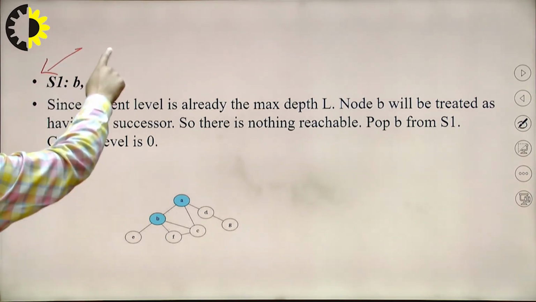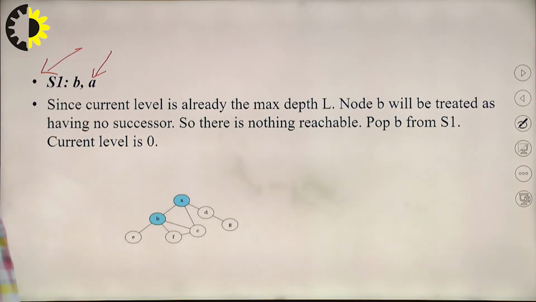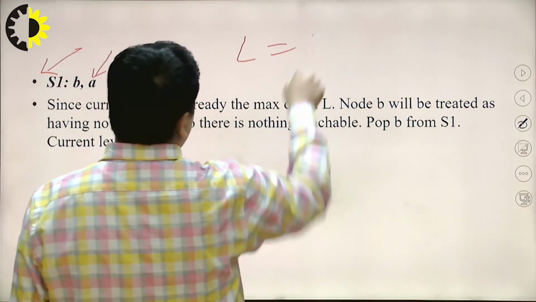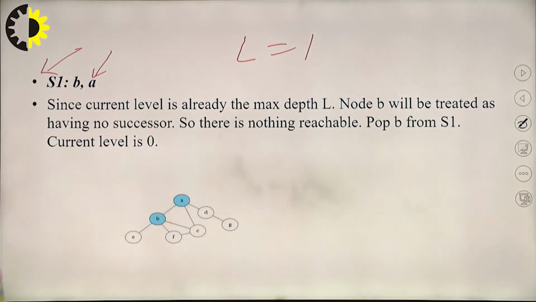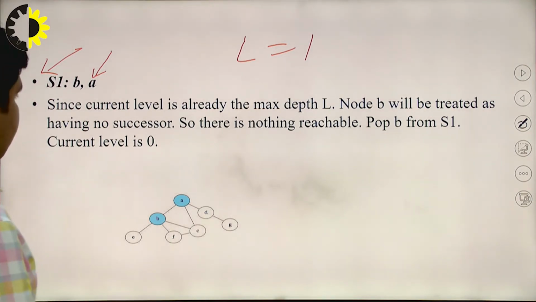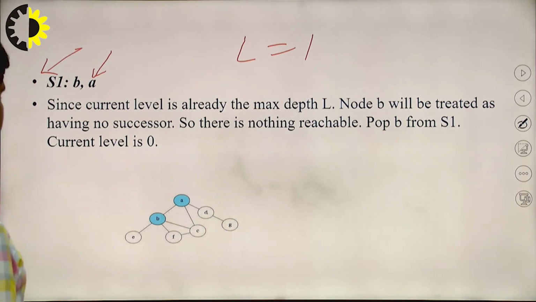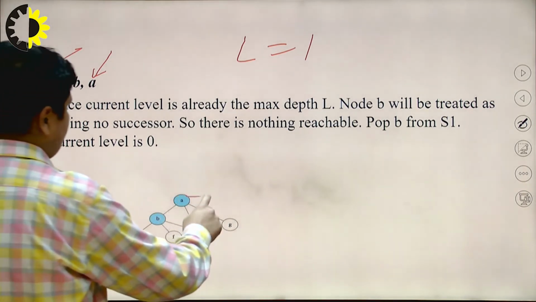At the top of the stack is A. Now since the current level is already the max depth L, because I have already defined that level as 1, node B will be treated as having no successor because the search has already gone to the maximum depth level. So there is nothing reachable. Pop B from S1 and the current level moves again to 0.